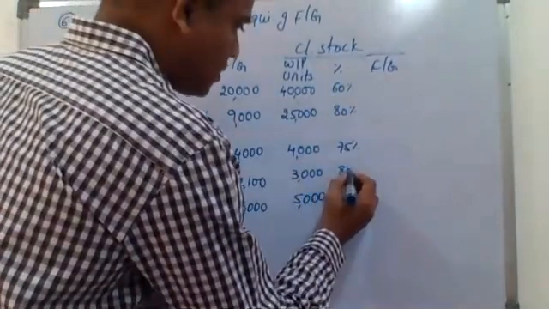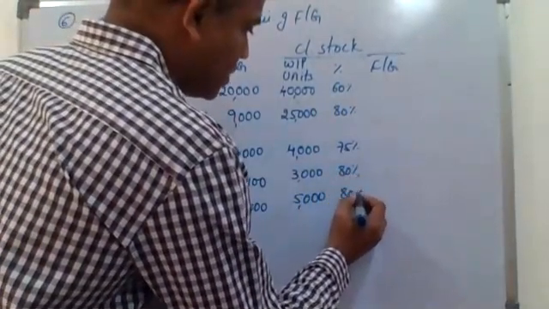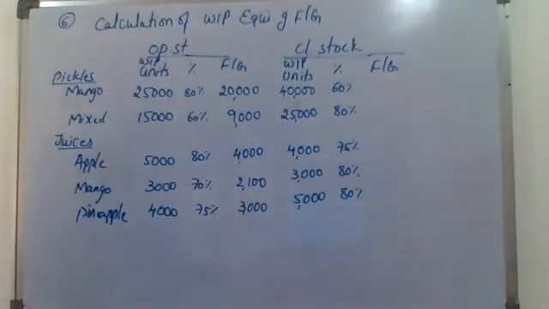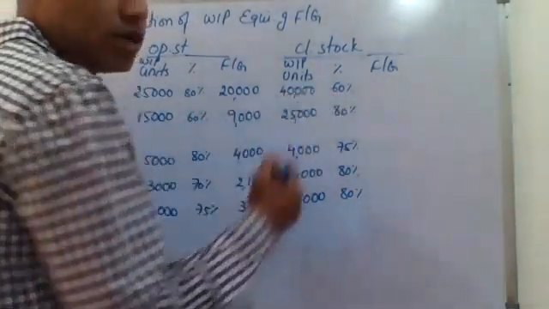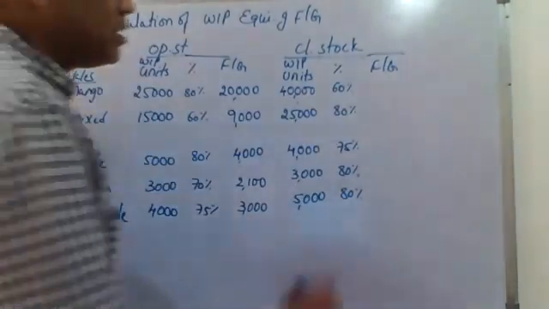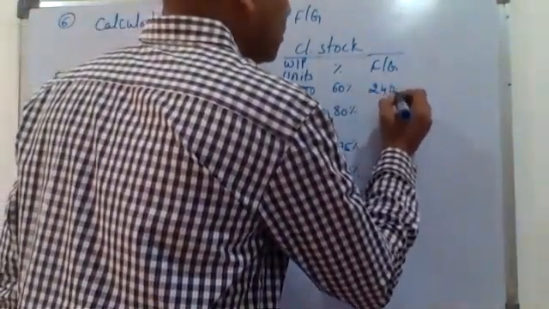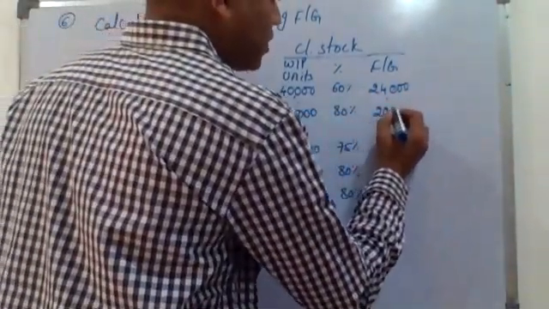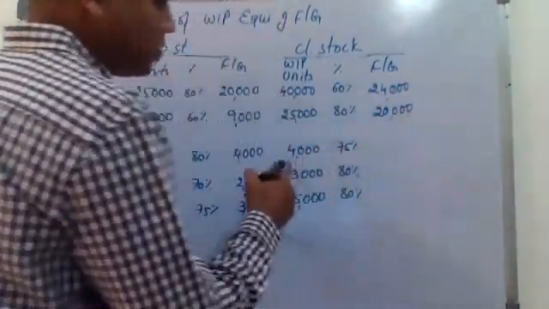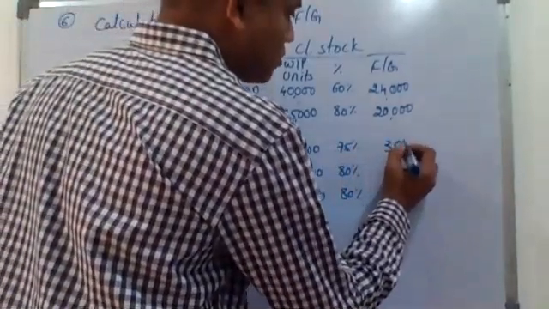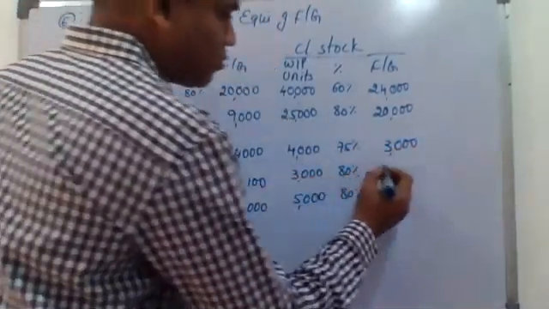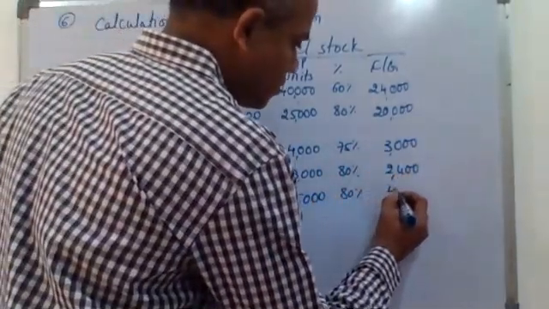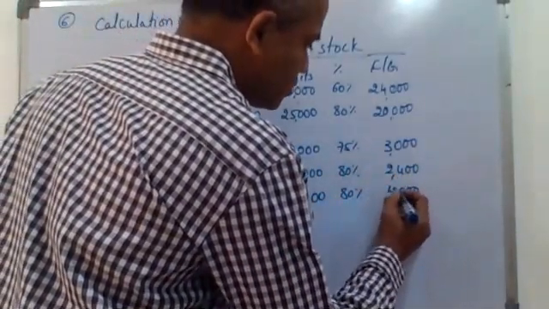This is 80% complete. And this is also 80% complete. Now, to calculate what is equivalent to finished, for 40,000 I'll take 60%. It comes to 24,000 units. 80% of 25,000 comes to 20,000 units. 75% of 4,000 comes to 3,000 units. 80% of 3,000 comes to 2,400 units. 80% of 5,000 comes to 4,000 units.